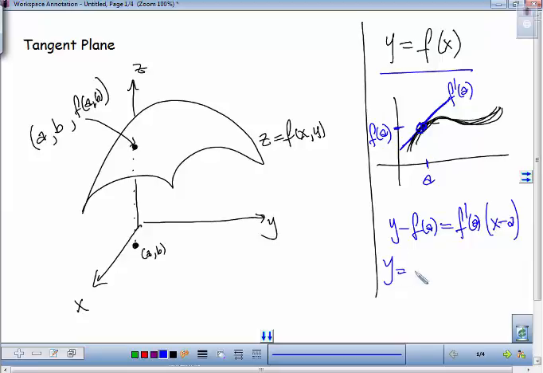So y is equal to f of A plus f prime of A times x minus A.